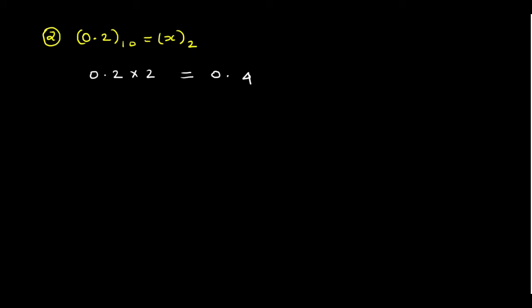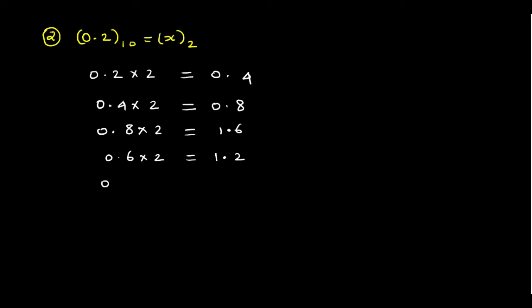Again write down the fraction, multiply by 2. What we get? 0.8 we got. Again write down the fraction, multiply by 2. 1.6. Again write down the fraction, 0.6 multiplied by 2. What do we get? We'll get 1.2.